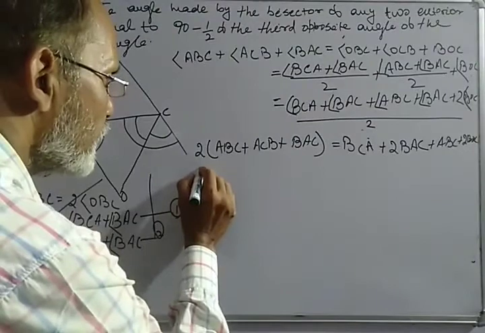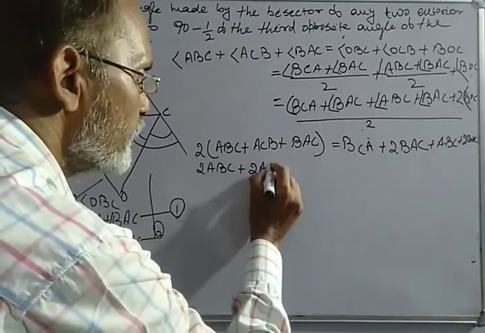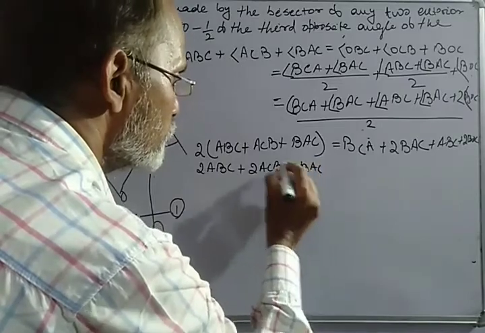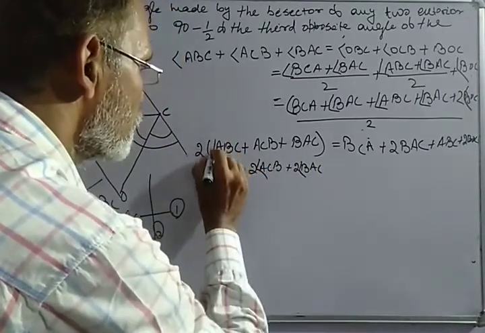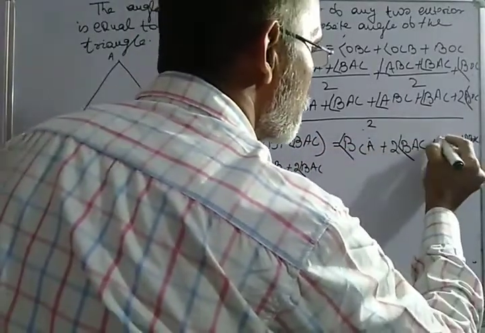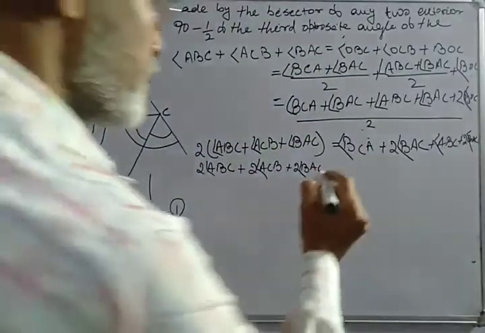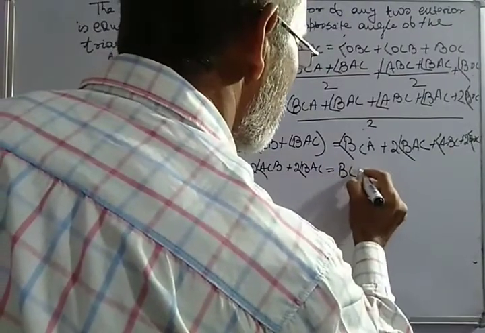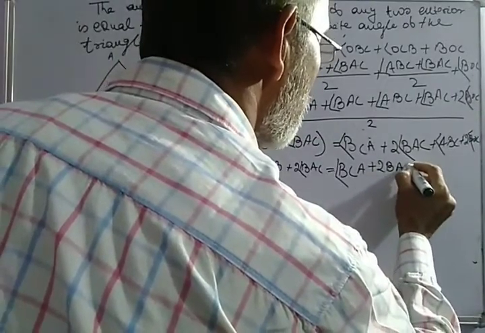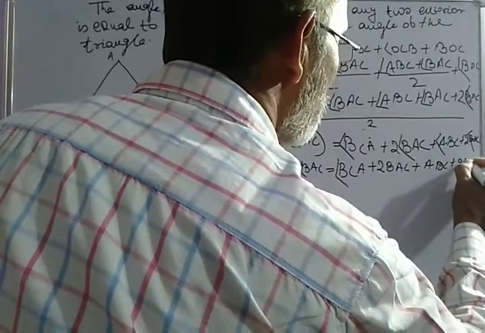Now again I am multiplying here, 2 ABC plus 2 ACB plus 2 BAC is equal to BCA plus 2 BAC plus ABC plus 2 BOC.